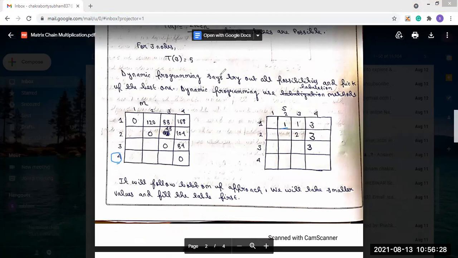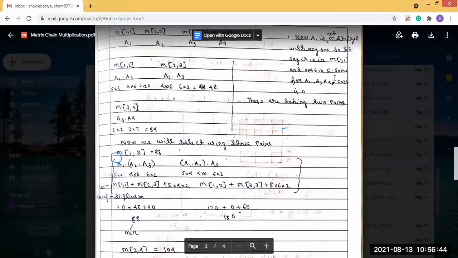Then 1, 2, 3. Here you see here also 1 is written. If we see, the result is given by A1. Why? You see that there are two values present. So why will I write A1 here?